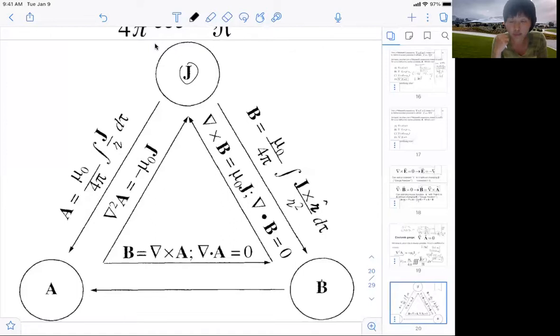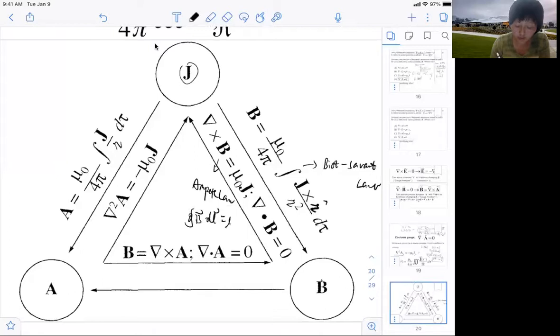But it's often complicated. That's the Biot-Savart law. Or when symmetry allows, you do Ampere's law. I've already shown you all the problems that you can use Ampere's law for. So when it works, use Ampere's law to solve for B.